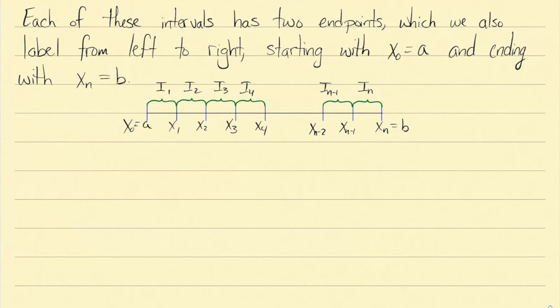We keep going this way until we get to the (n minus 1)st interval, whose left endpoint is x(n minus 2), and whose right endpoint is x(n minus 1), and then In, whose left endpoint is x(n minus 1), and whose right endpoint is xn, which is also our right endpoint for our original interval, which is b. So this gives us a way to describe each of these subintervals.